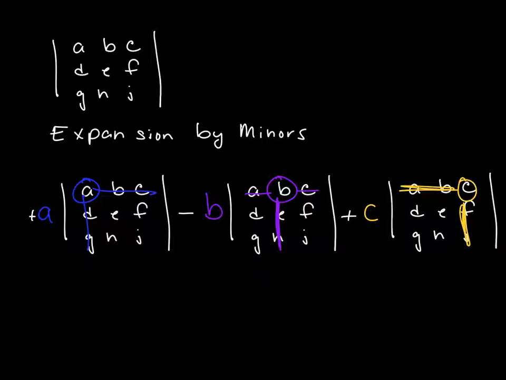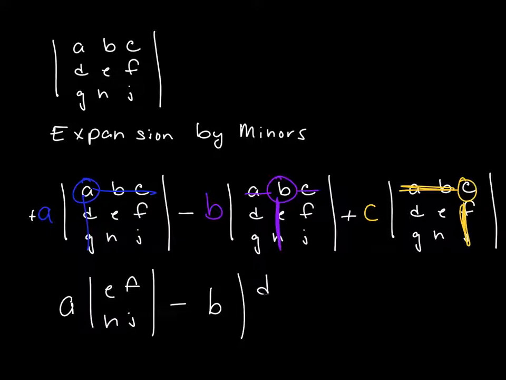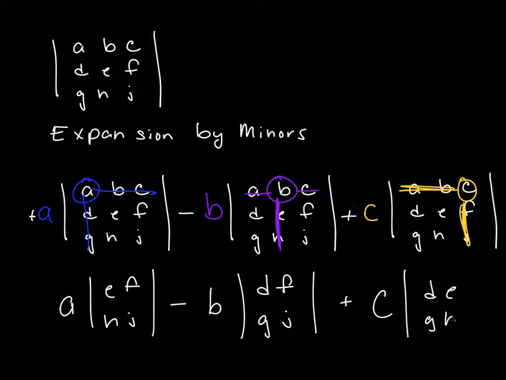So what I would be left with now is A times the determinant of E, F, H, J minus B times the determinant of D, F, G, J, plus C times the determinant of D, E, G, H. So that would be how you do an expansion of minors.